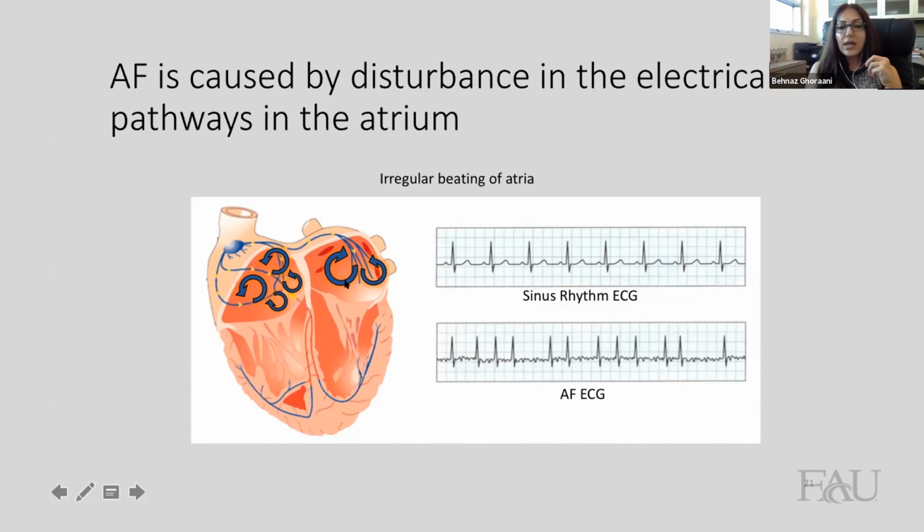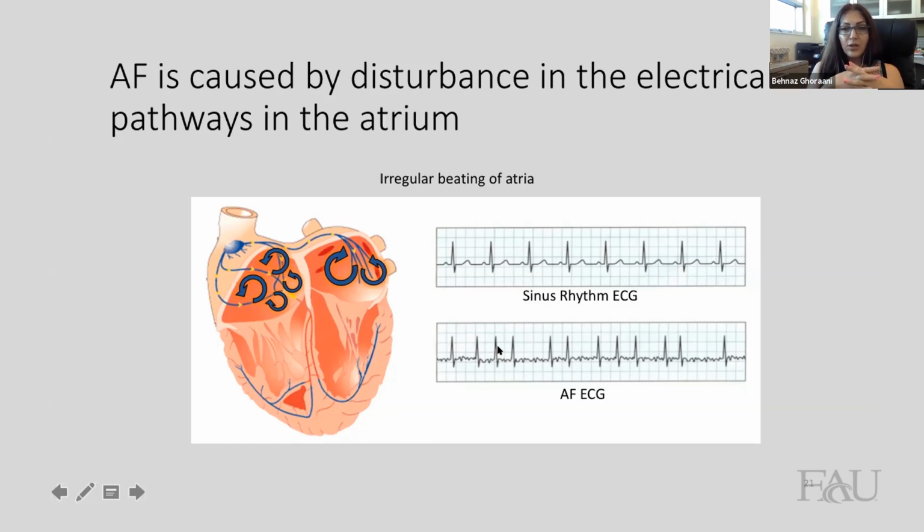As a result, you may have irregular heartbeats, which you see here. Here you see a nicely, equally spaced heart rhythm in a normal heartbeat, and then here, this is AFib, where you see irregular heartbeats.